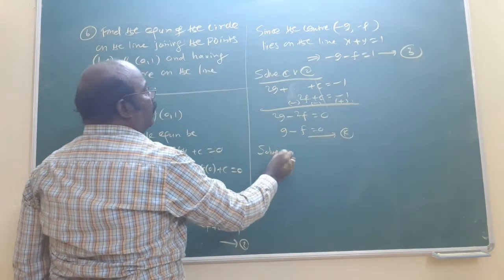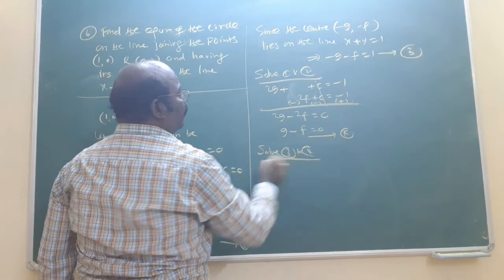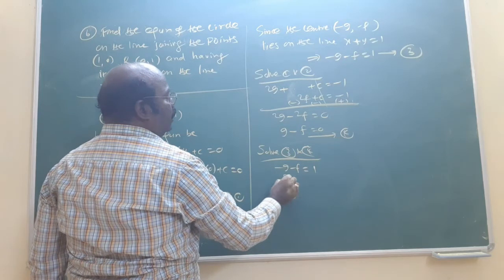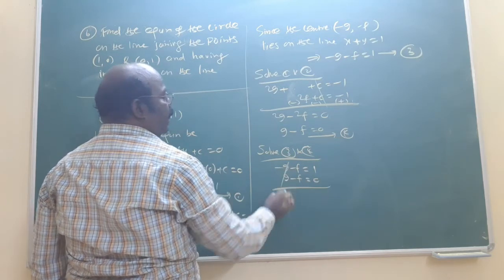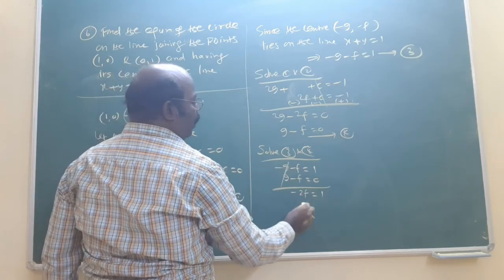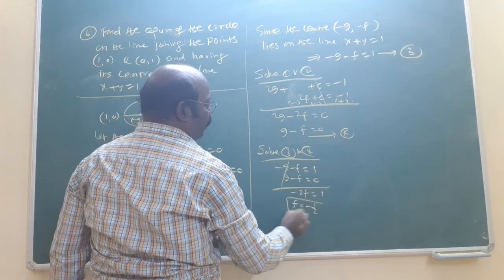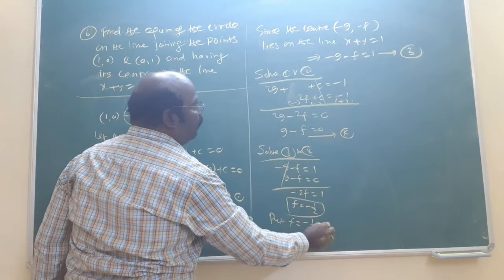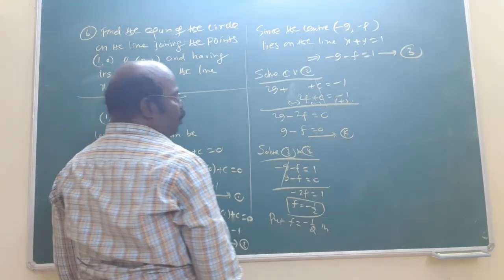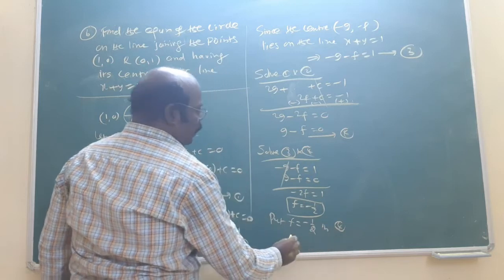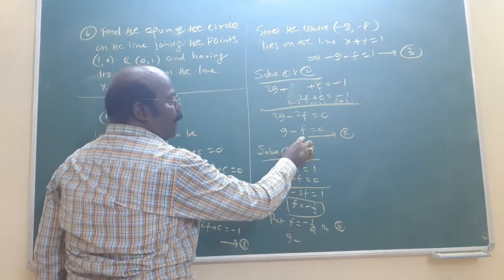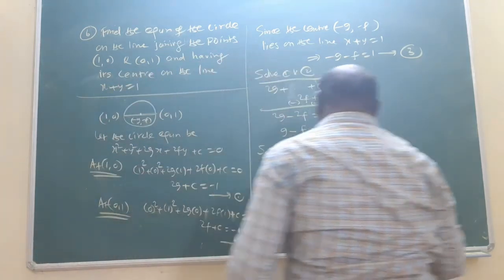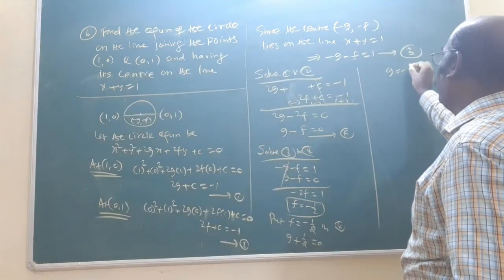Now solve 3 and 4. Three is minus g minus f equal to 1, and here g minus f equal to 0. Cancel g, we get minus 2f equal to 1, so f equal to minus 1 by 2. Put f equal to minus 1 by 2 in the fourth one: g minus half plus half equal to 0, so g is equal to minus 1 by 2.